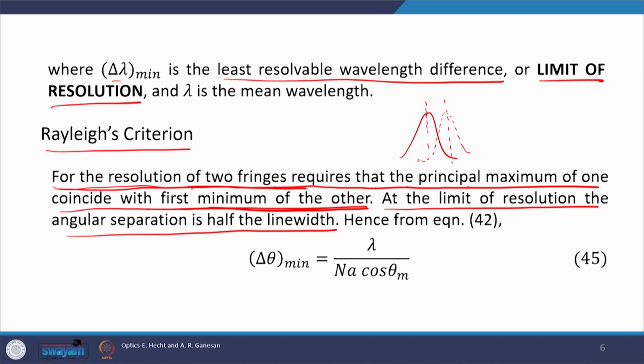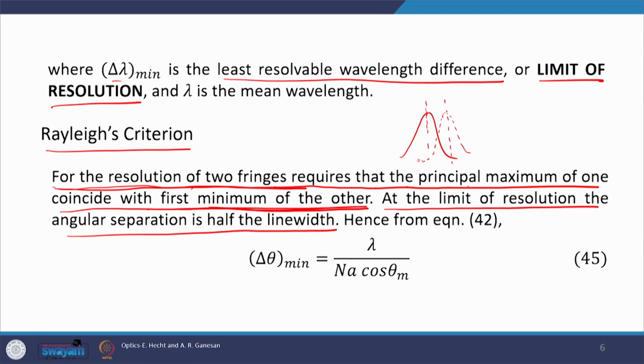If the separation is larger than this, then they can easily be resolved. If the separation is smaller than this, then the instrument cannot resolve them. Delta lambda min is the least resolvable difference, and it happens when the maximum of one falls at the first minimum of the other. This is called the limit of resolution.